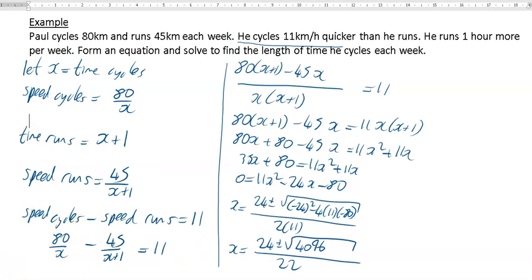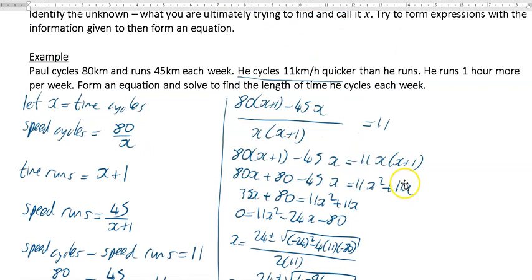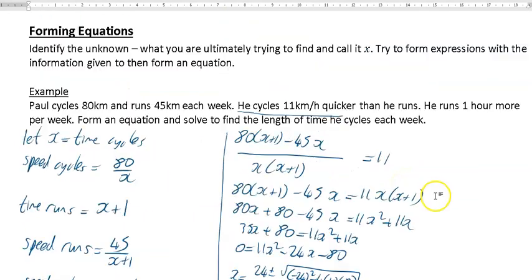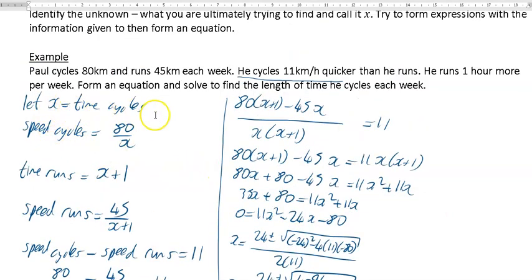Okay, I'll scroll on down here, I haven't got much room. Here, we'll just finish this off to get the x values. x is equal to 4, and then x is equal to minus 20 over 11. Now if we go back to the start, x was the time that he cycles.